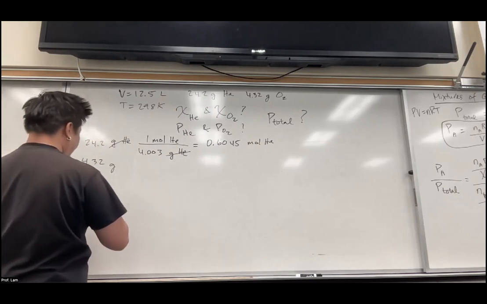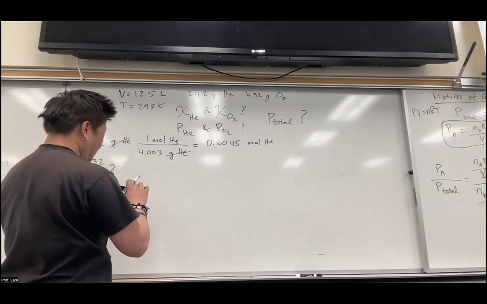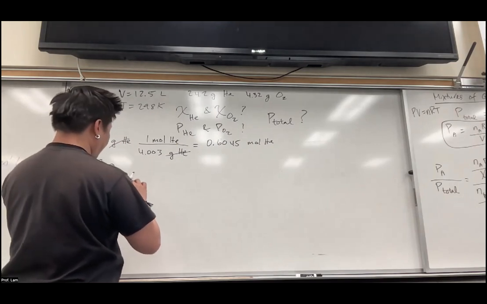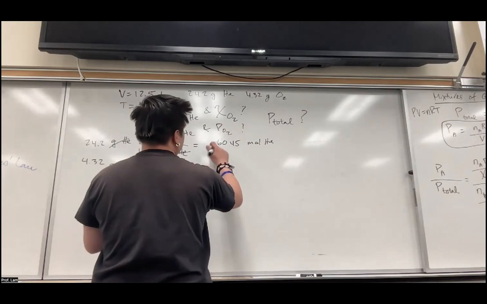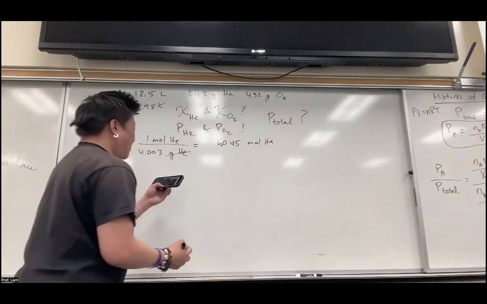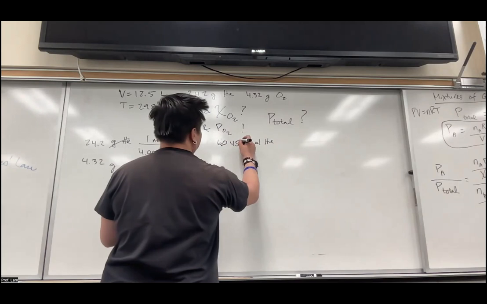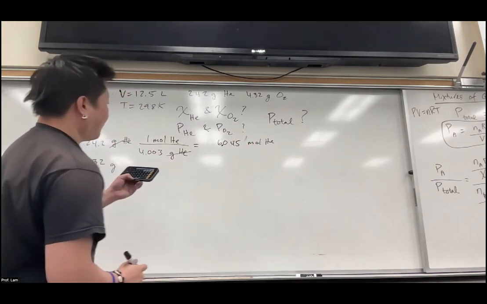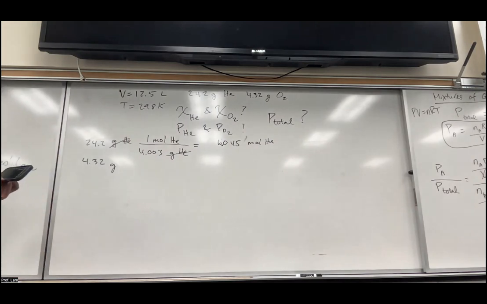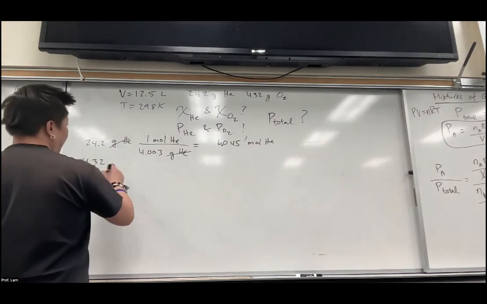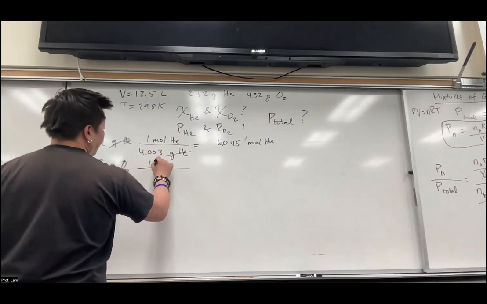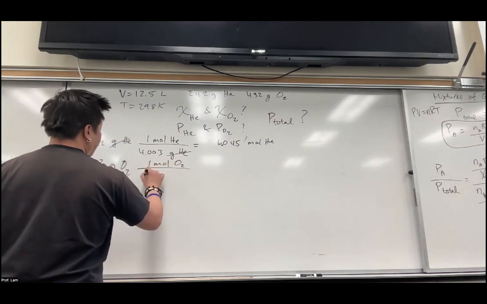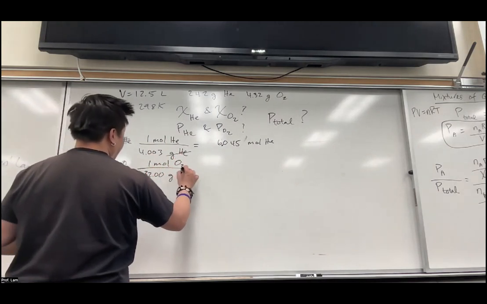So 24.2 divided by 4.003, and that gives 6.045. Good. All right, and then do the same thing for O2. 1 mole of O2 is 32 grams.